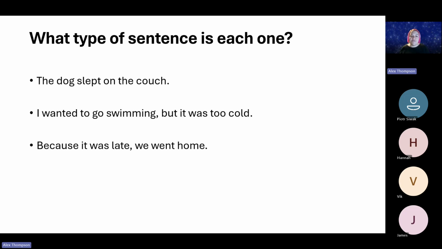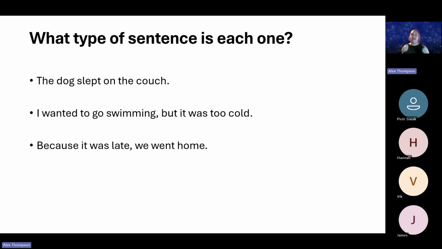So for this first one, the subject here is, it's always going to be the dog with my examples, slept on the couch. That's our predicate. That's a simple sentence. One person did one activity. The next one, I is the subject, wanted to go swimming. That's the predicate.